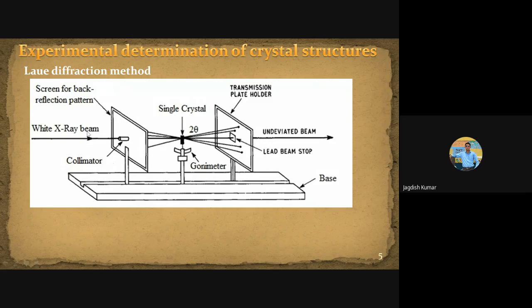White X-ray beam doesn't mean that it looks white, but that we have a non-monochromatic beam. The analogy lies in light: white light contains all the wavelengths. So similarly, a non-monochromatic beam is sometimes called a white X-ray beam. Then you have a collimator, then a monochromator, then that is incident on the crystal. Then you have an undeviated beam.